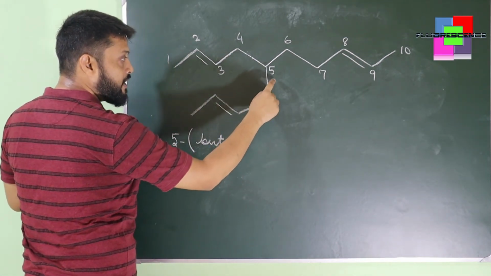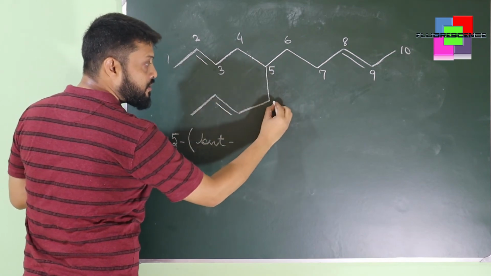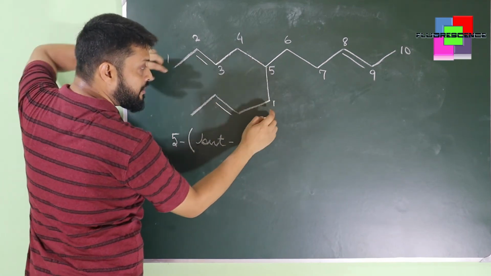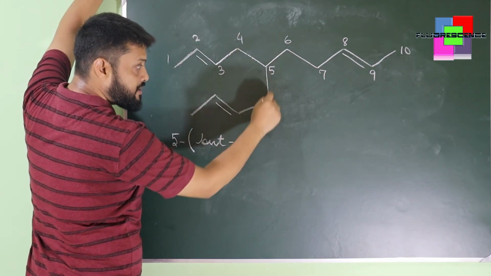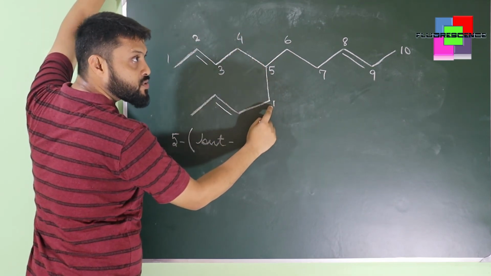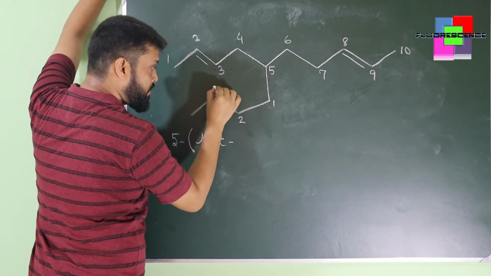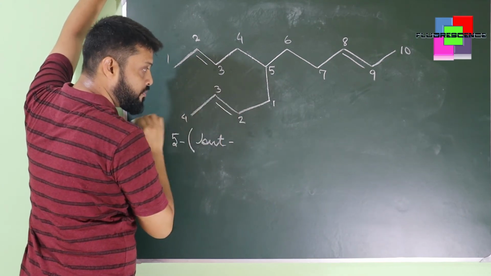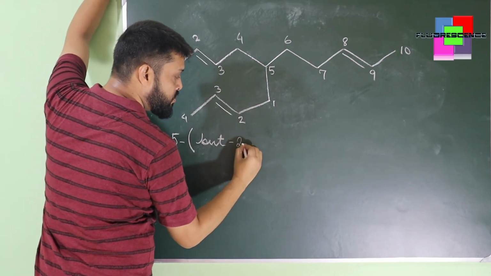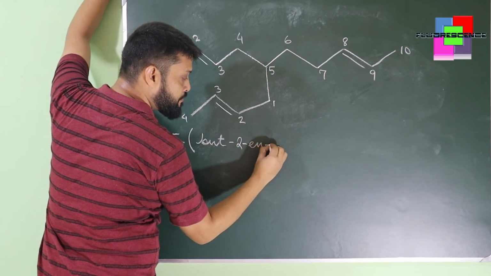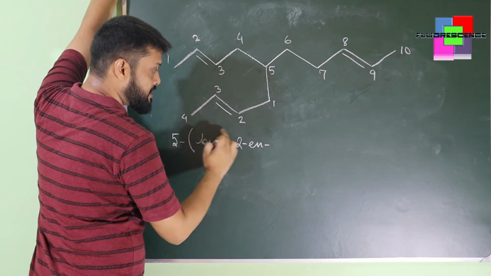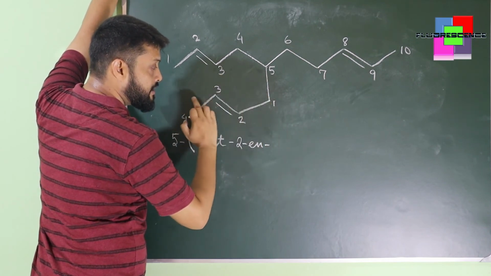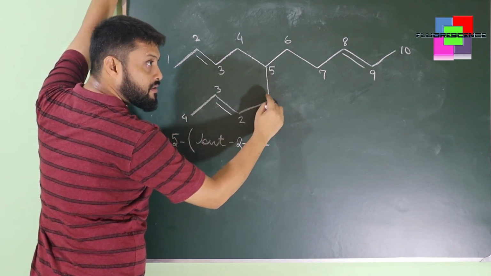But, hyphen. Now for this branching, we will always start from the carbon which is coming out immediately from the parental chain. This carbon is coming out immediately from the parental chain, so we name this one as 1, 2, 3, and 4. So 2 yne, and see, this entire bulk is connected with the main chain by means of the first carbon.